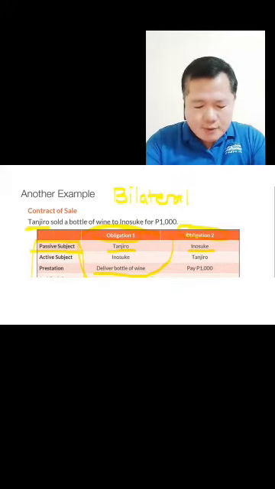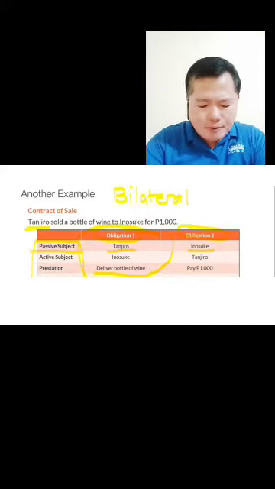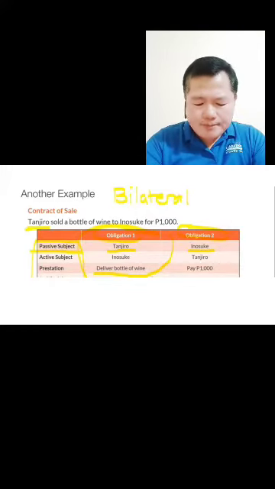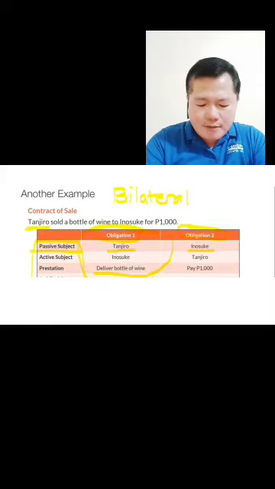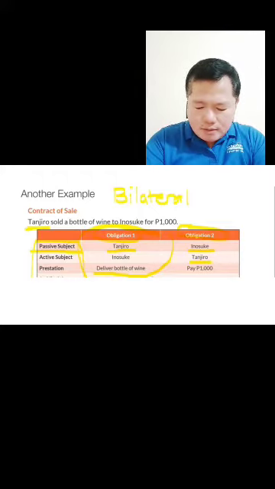So next, let's proceed to obligation number 2. In obligation number 2, on the other hand, nabaliktad yung ating mga parties. So our former passive subject becomes the active subject, and our active subject becomes the passive subject this time. So in our obligation number 2, our passive subject is Inusuki. If you recall, Inusuki is the buyer, while Tanjiro is our seller.